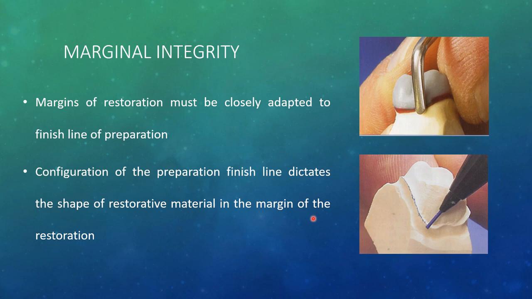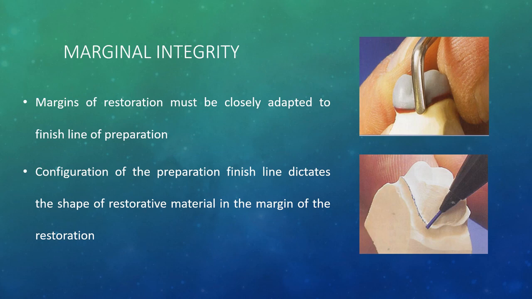Coming to marginal integrity. The margins of the restoration must be closely adapted to the finish line of the preparation, should be really close to the finish line. The configuration of the preparation finish line dictates the shape of the restorative material at the margin of the restoration.